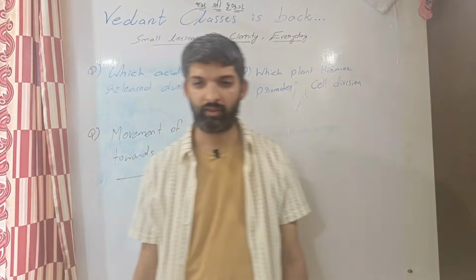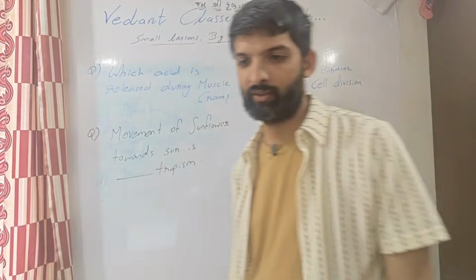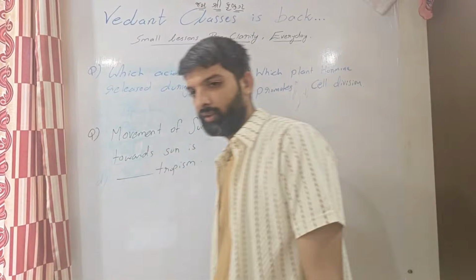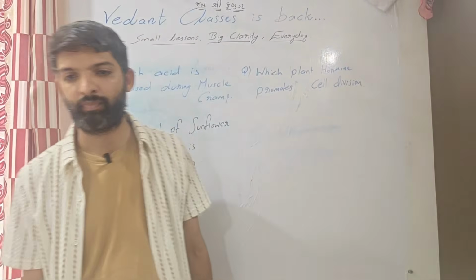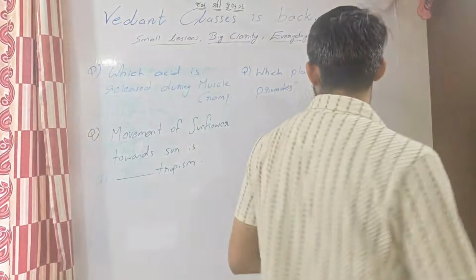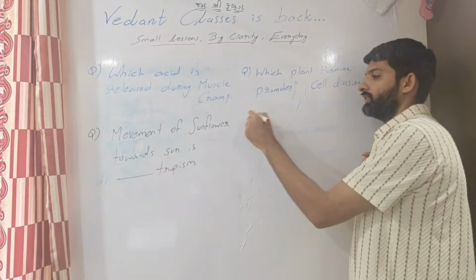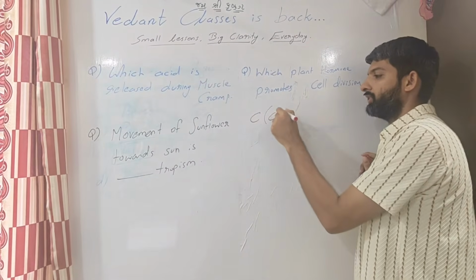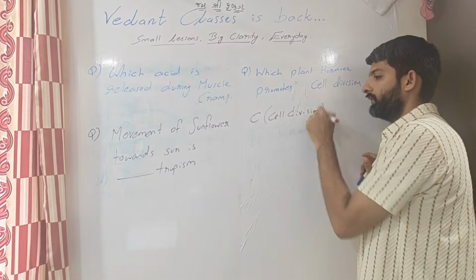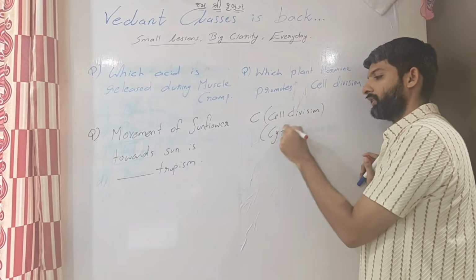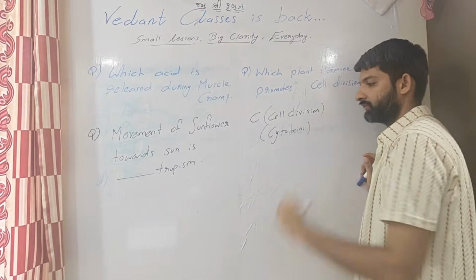Ayushman is sure that it will be cytokinin only. Cytokinin is the right answer. I said C. C means cell division, and C means cytokinin. This is the trick I told you in the lecture.